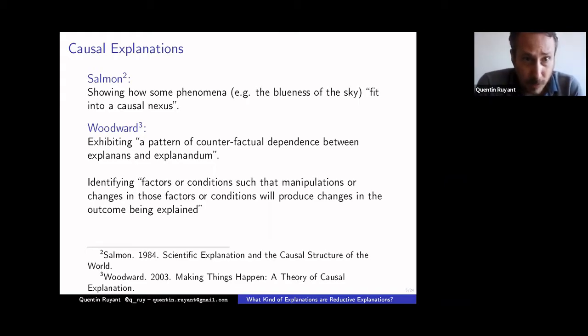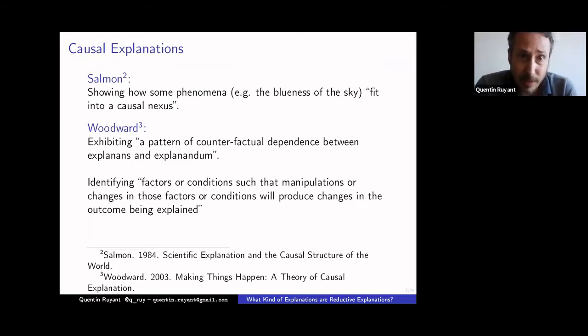According to Salmon, explaining is showing how some phenomenon, for example, in our case, the blueness of the sky, fits in a causal nexus. And James Woodward has proposed a counterfactual account of explanation that he also called causal.